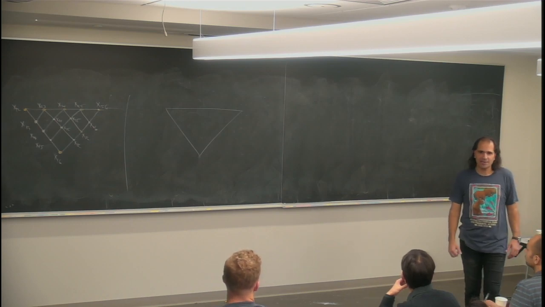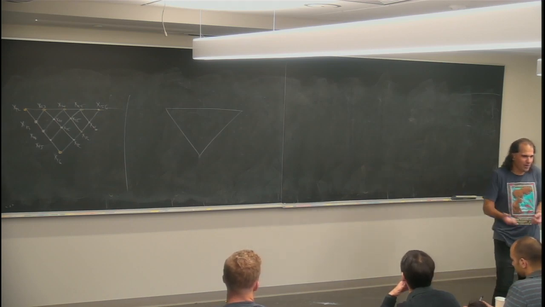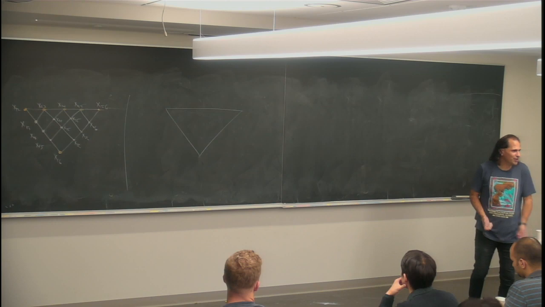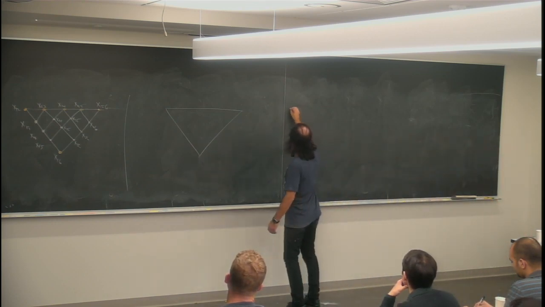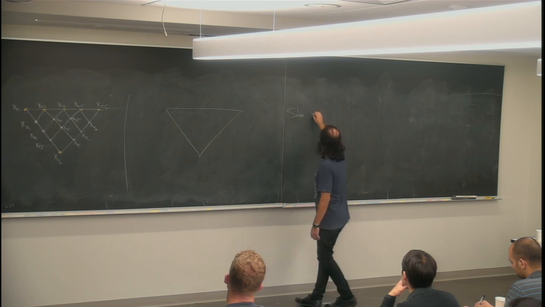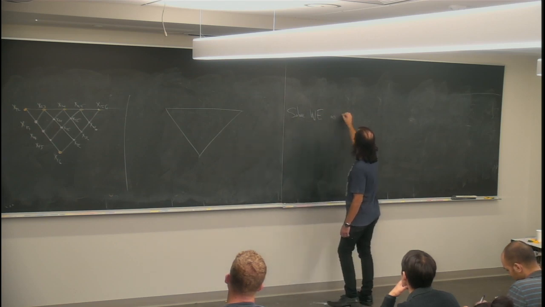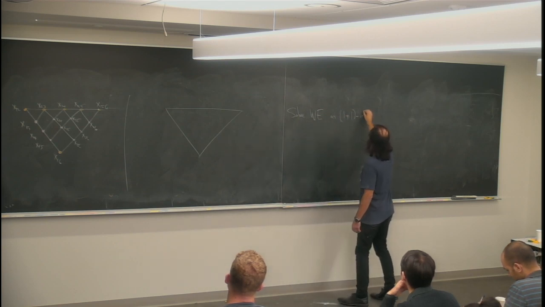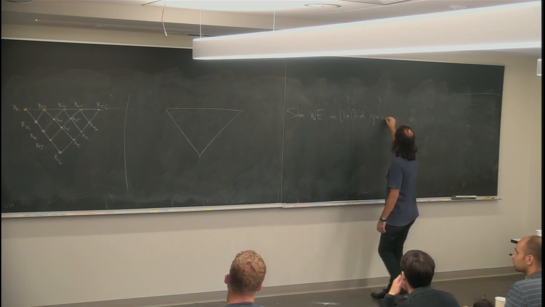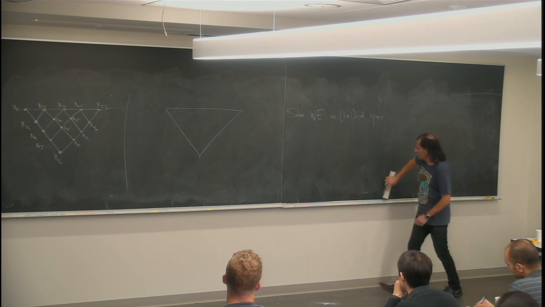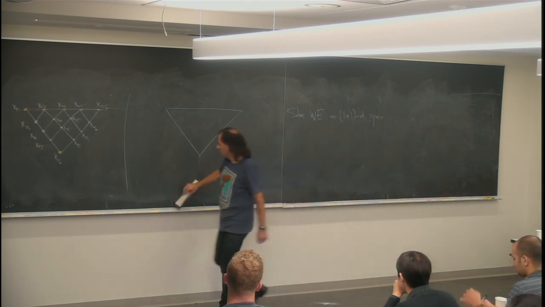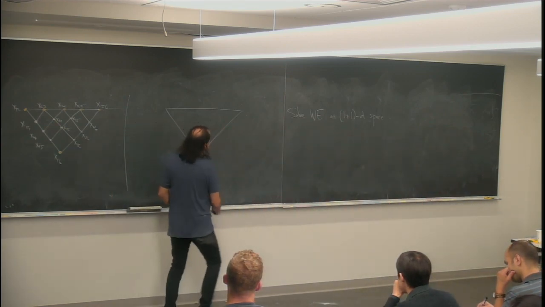Now our kinematic space naturally has this 1 plus 1 dimensional Lorentzian structure associated with it, just the way that we've drawn. So the question we're going to ask is to solve the wave equation on this 1 plus 1 dimensional space. So what is the wave equation?